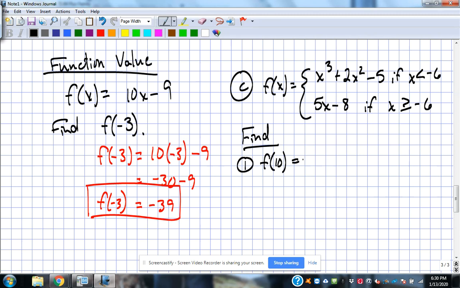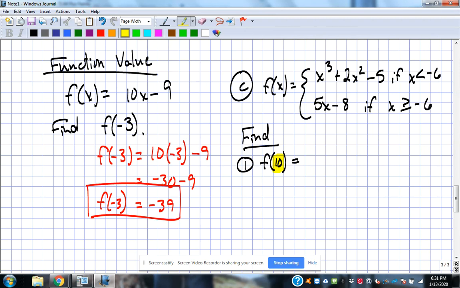So when we look at that, the part we're looking at is the 10. Where does 10 fit into those inequalities on the right? It fits in for x, but for which function does it work? 10 is what kind of number compared to those inequalities?